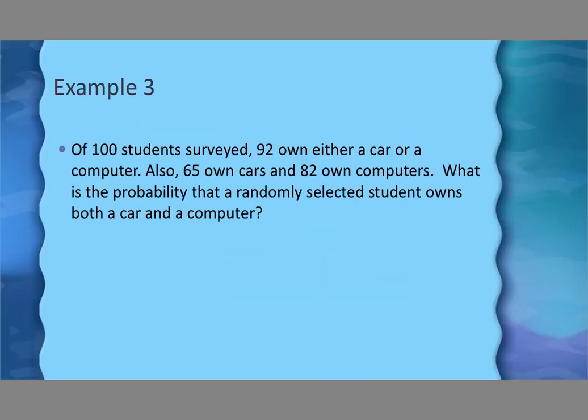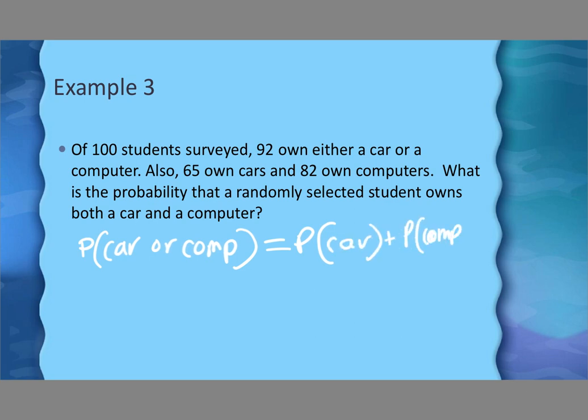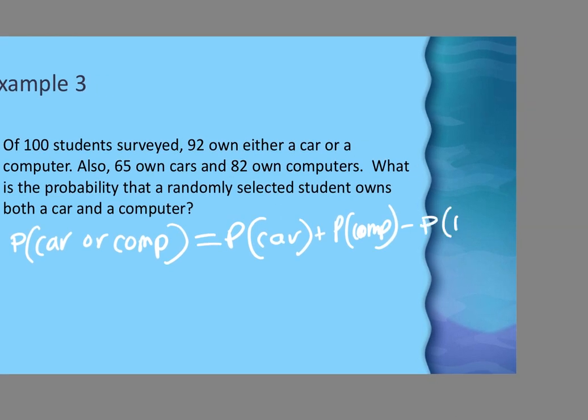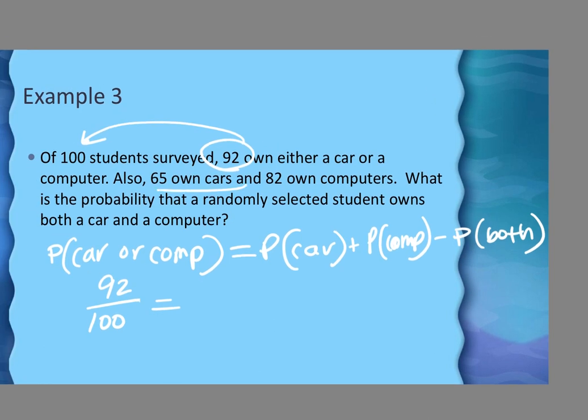The probability of owning either a car or a computer is given, right? So the probability of car or computer equals the probability of having a car plus the probability of having a computer minus the probability of having both. So that's what you're trying to find: what's the probability that they have both a car and a computer? The or is 92 out of 100. The probability of having a car is 65 out of 100.